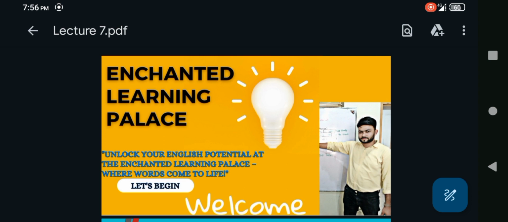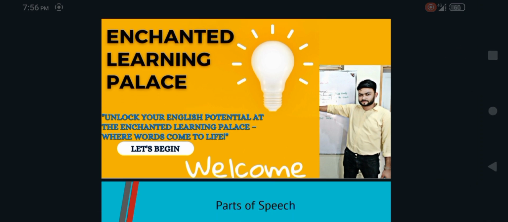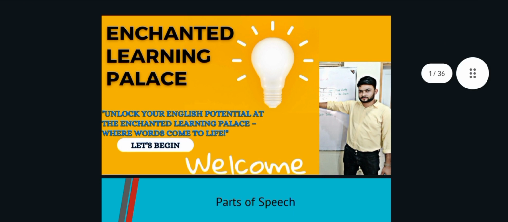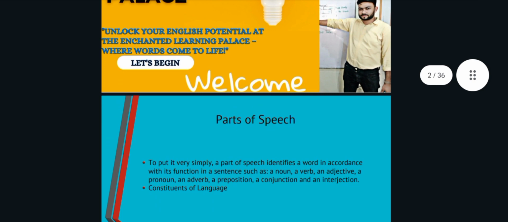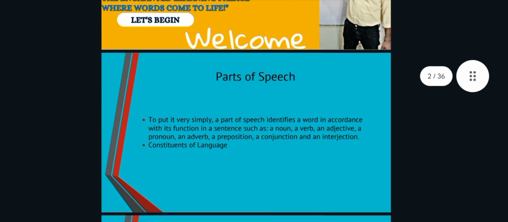You know very well that the words, the constituents, perform different functions in a sentence. We call it parts of speech. To put it very simply, a part of speech identifies a word in accordance with its function in a sentence, such as a noun, a verb, an adjective, a pronoun, an adverb, a preposition, a conjunction, and an interjection.